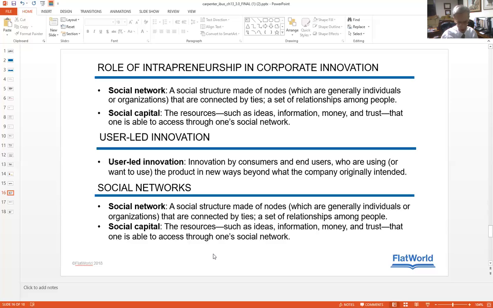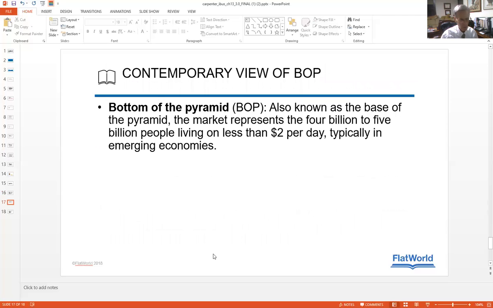These folks who prepared these slides, I think, got a little sloppy near the end. And so now we come across something that's fairly important. And I think I'm going to go ahead and extend this session long enough to include bottom of the pyramid.